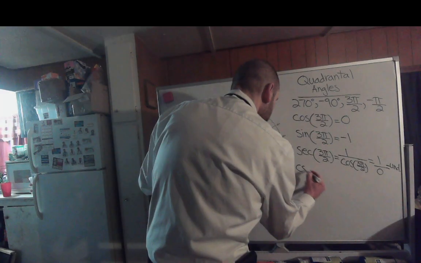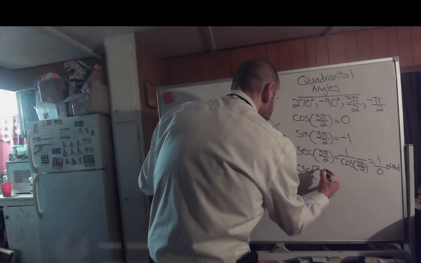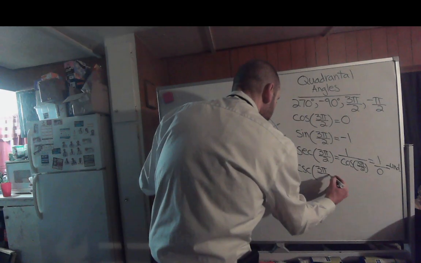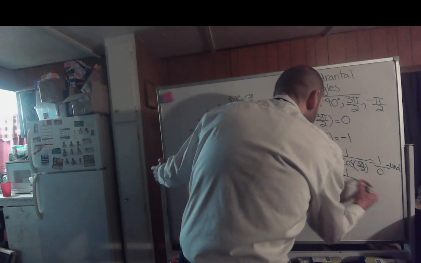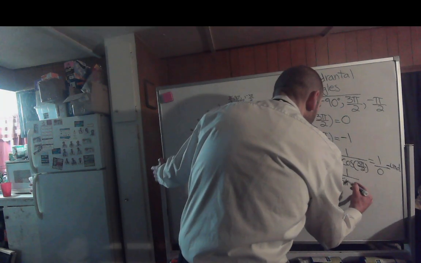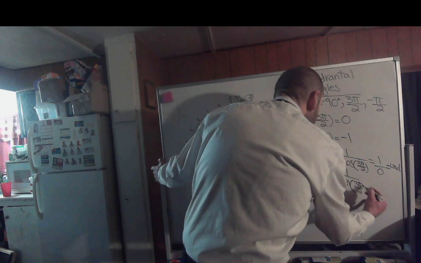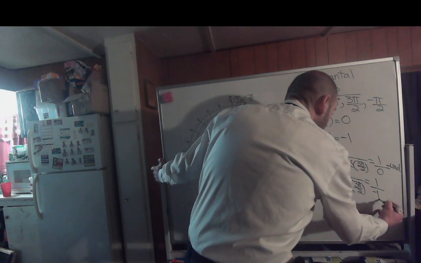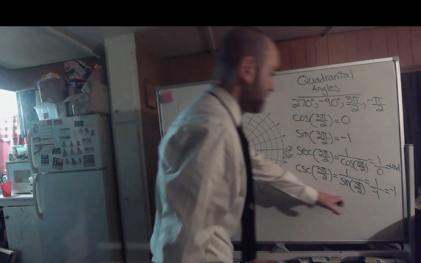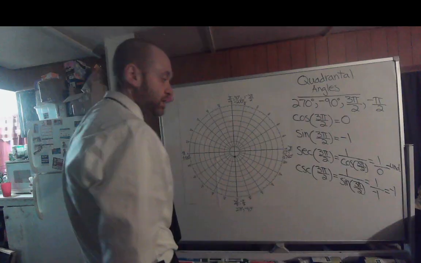So then what about the cosecant of 3 pi over 2? That's the same as 1 divided by the sine of 3 pi over 2, which is the same as 1 divided by -1, which would give you a value of -1. So your cosecant at 3 pi over 2 is -1.